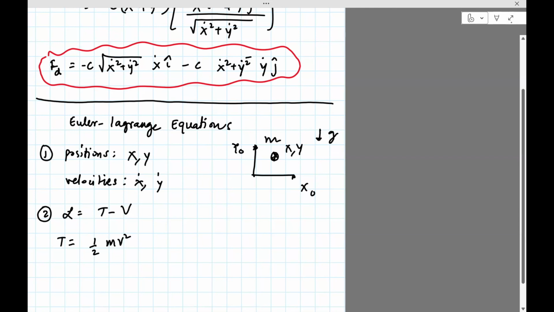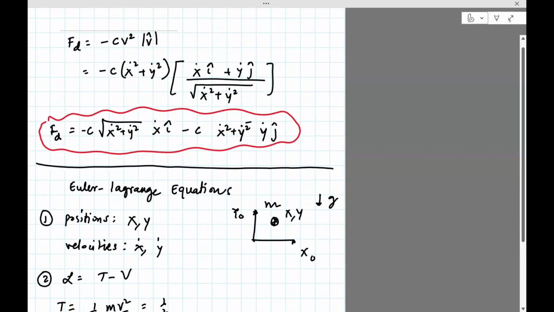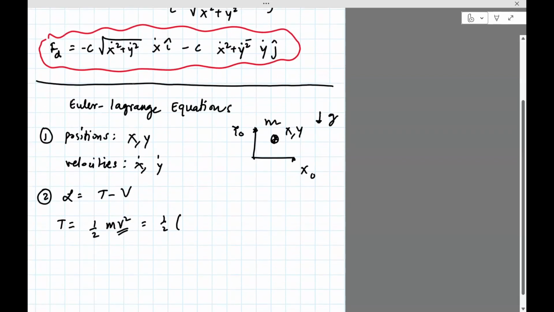It's gravity. So I need to write that in terms of x and y. But v, I actually wrote it down here. v square is x dot square plus y dot square. And then V, that's capital V, is m g y, right?